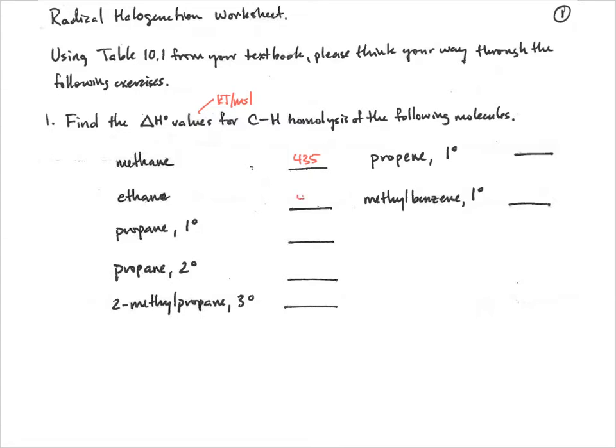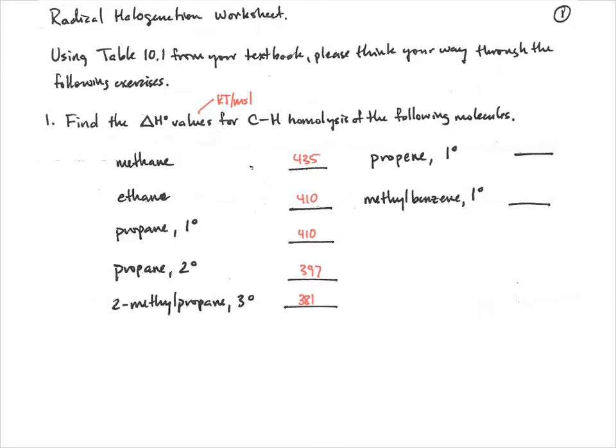Ethane is 410. Primary in propane, we're going to use the same value, 410. Secondary in propane, 397. The tertiary in 2-methylpropane, that's 381.